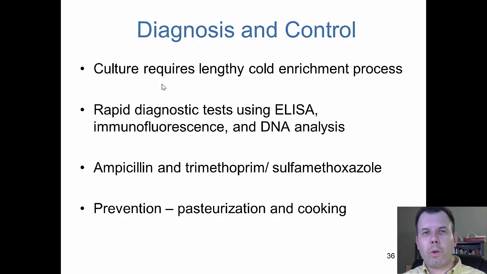And again, the best thing for it is pasteurization and cooking. So drinking pasteurized beverages and then cooking your lunch meat to a certain temperature to kill the bacteria. So they do withstand some heat, but again, if you heat it up to the proper temperature, then you don't have problems where this can cause issues. Okay, so that's where we see this. So that's the prevention part.